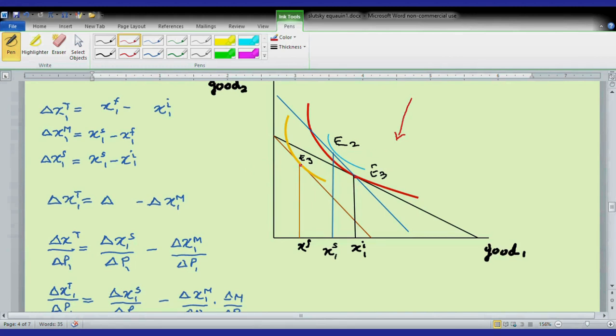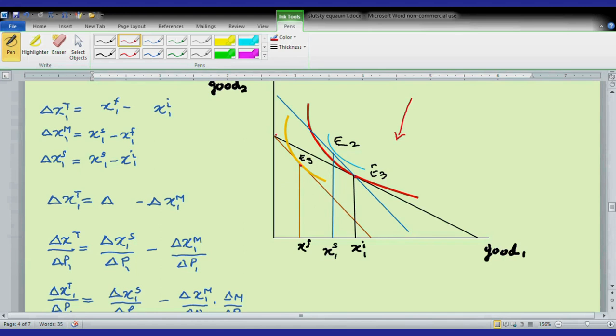The only difference is that previously we saw it in terms of the total changes in consumption of good one, for example, caused by a given change in the price of good one, or the total change in consumption of good two, following a given change in the price of good one.